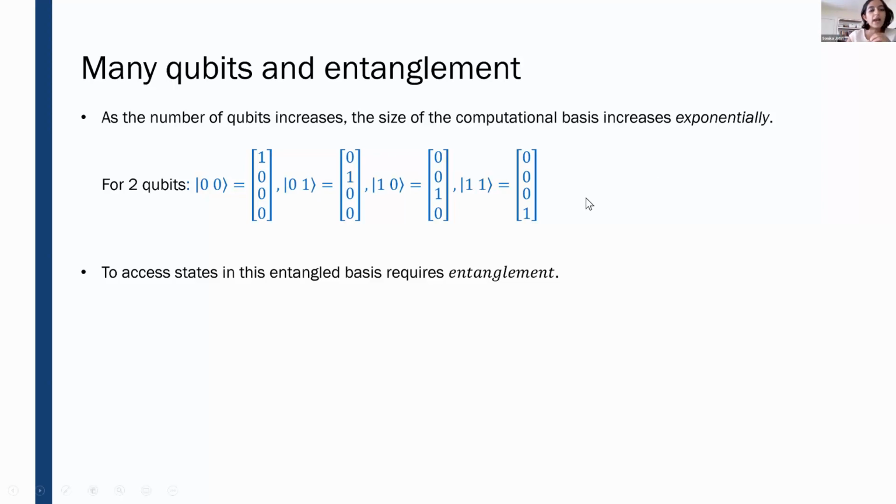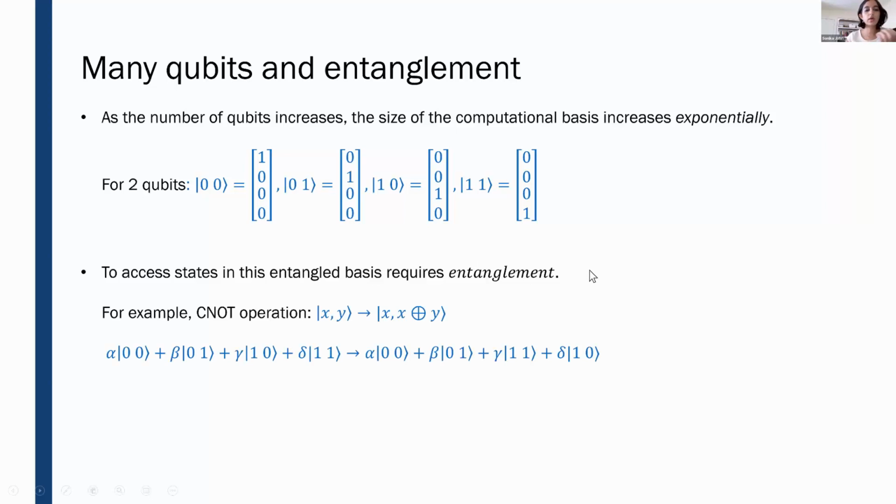To be able to access states in this basis requires entanglement. An example of an entangling operation is a CNOT operation. If one of your qubits is in state X and the other one is in state Y, the CNOT gate will send it to X, X CNOT Y.